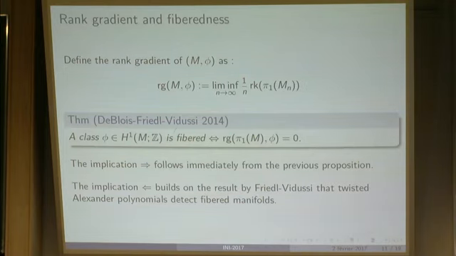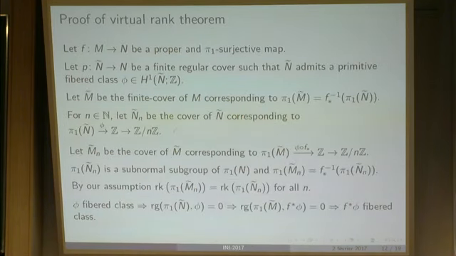Okay, so now we can make the proof. So you have this proper pi1-surjective map. You first go to a finite cover which admits a primitive fibered class, which is a bundle. And you look at the induced cover for M. And now you start looking at cyclic coverings of N tilde, which is induced by the class.